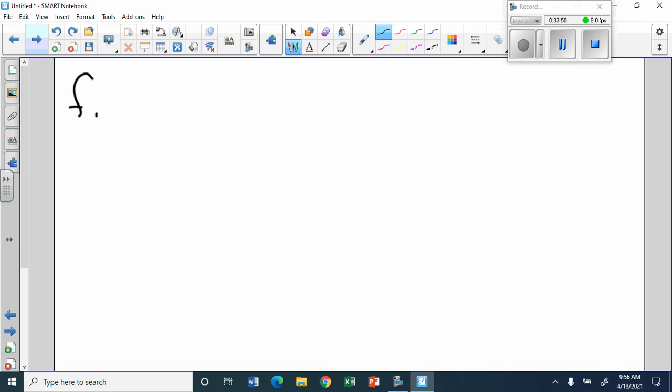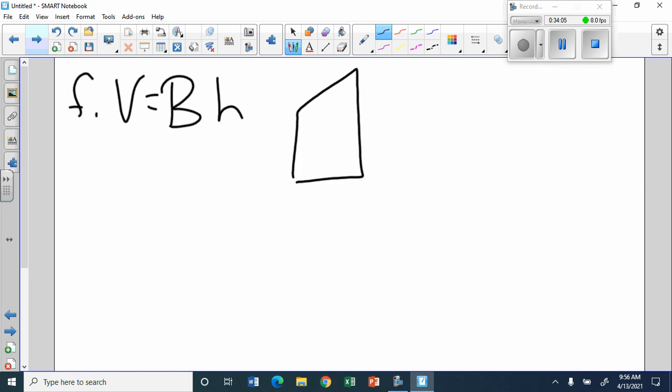The quadrilateral, special quadrilateral called a trapezoid. But we do the same work. Volume equals base times height, and I'm going to draw my trapezoid. If I wanted to, I could go with what was said. I could take this rectangular squarish thing, but I'd also have to take the triangle that goes with it. So I could do it in 2 pieces, but since I have a trapezoid formula, I'm going to use it.